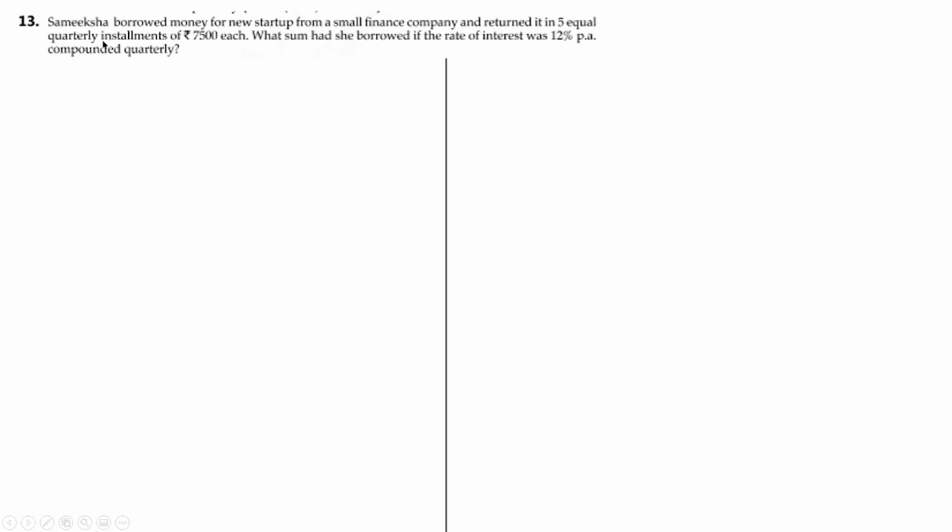So here it is given Samiksha borrowed some amount and she returned it in 5 equal quarterly installments of rupees 7,500 each. So each installment was rupees 7,500 and the number of installments is 5. We need to find the sum she had borrowed if the rate of interest was 12% per annum and it is compounded quarterly.